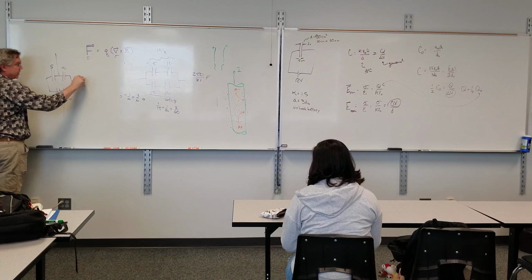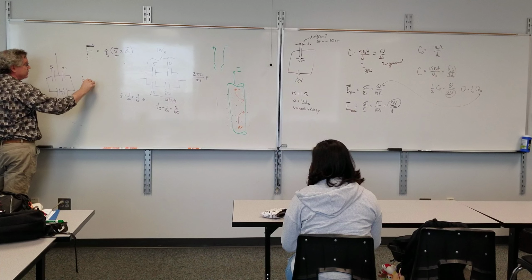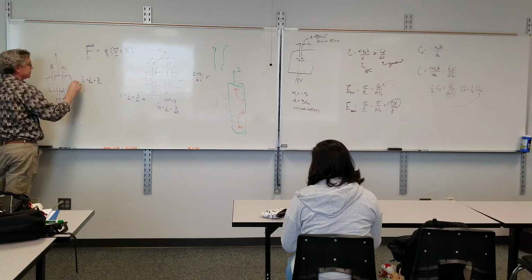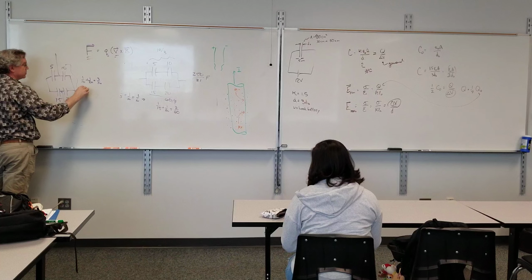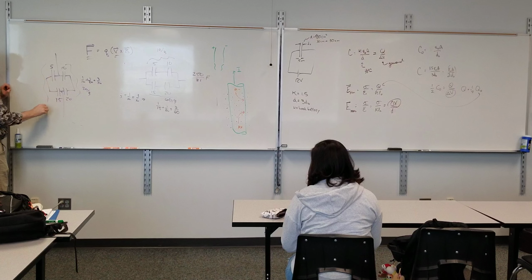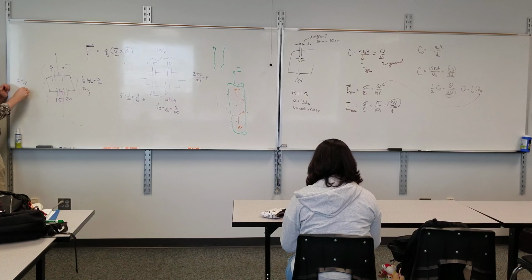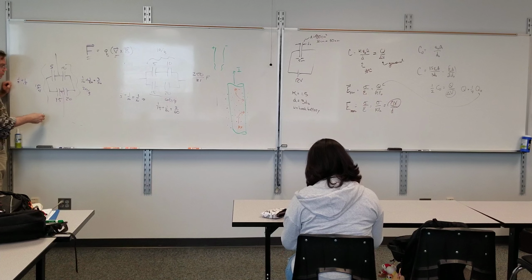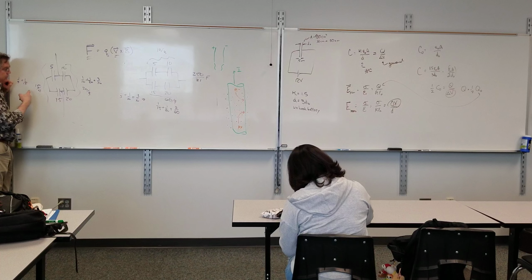If these are in series, I have 1/10 plus 1/20, 3/20, and so this equivalent capacitance is 20/3. And for this one I have 1/5 plus 1/15, which ends up being 15/4. And so that is in parallel with this. My total would become 60 plus 80, so 140/12.